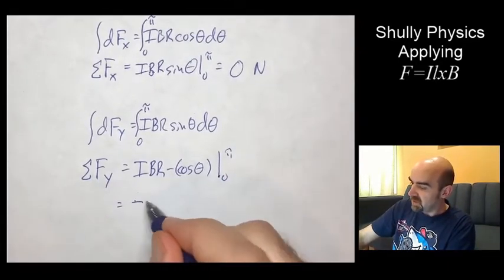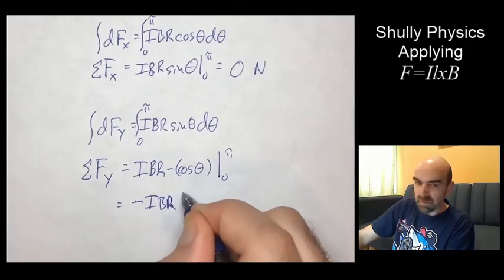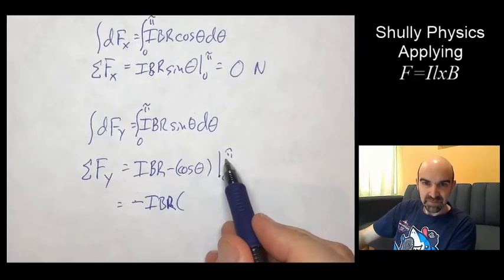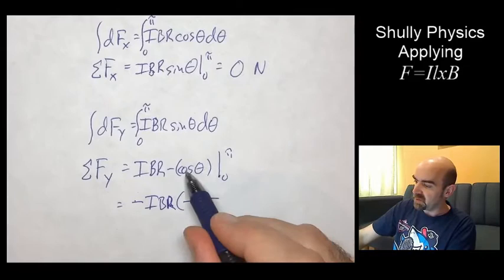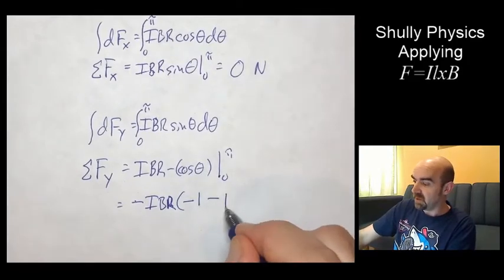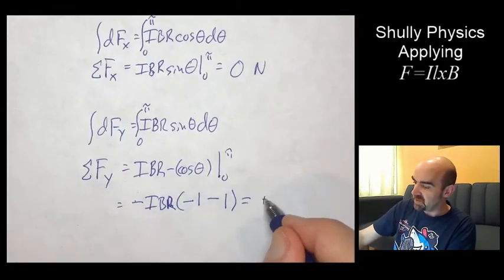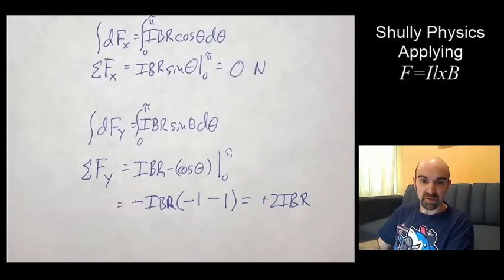So we got a negative I B R, and cosine of pi is -1. And then we subtract cosine of 0, which is 1. So we end up with a positive 2IBR. Getting my B and R's mixed up there.